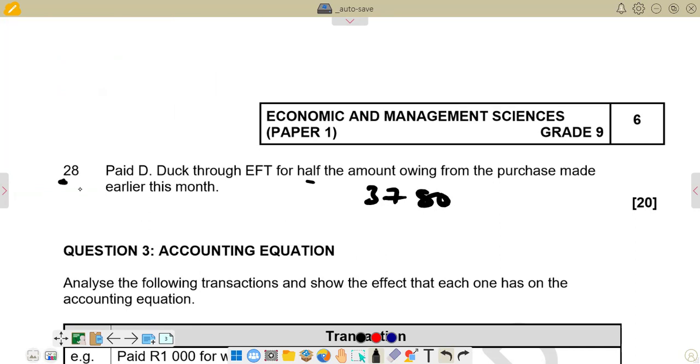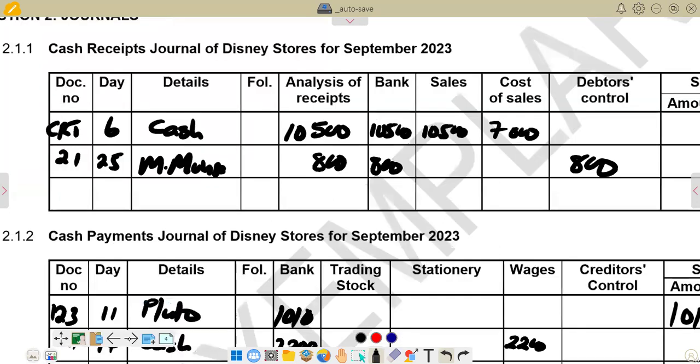The date we are going to put is 28, and we are also going to take note of the particular party, Deduct. Remember, we are paying Deduct, and we are going to put it under the column for bank. And you see that it qualifies for the creditors control column also, because this is a creditor that we are paying. So those are the entries that we're going to make. You come here, go to the cash payments journal, we have it here.